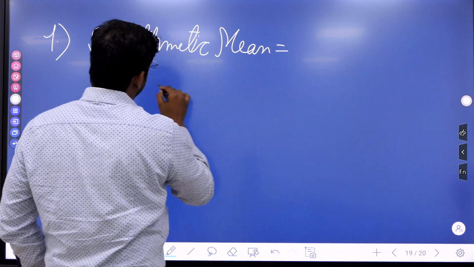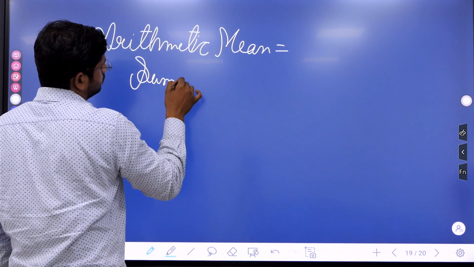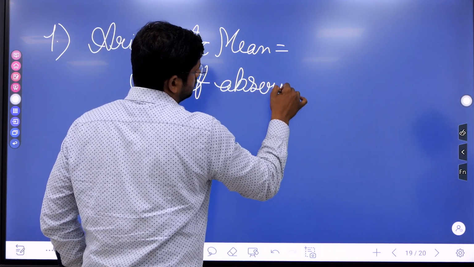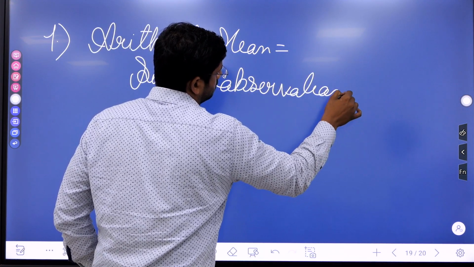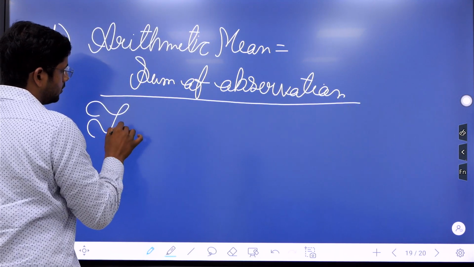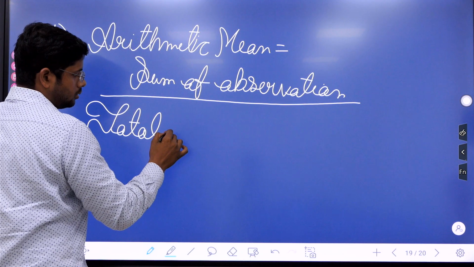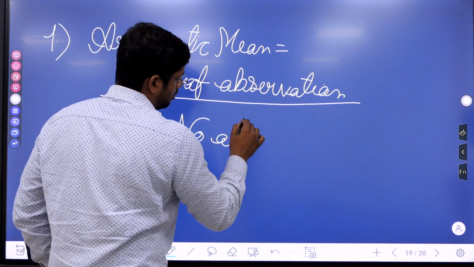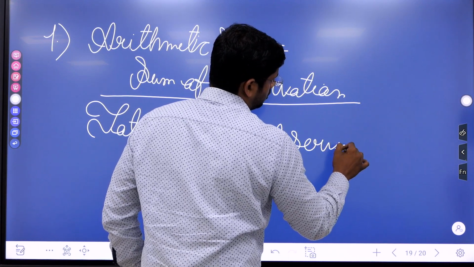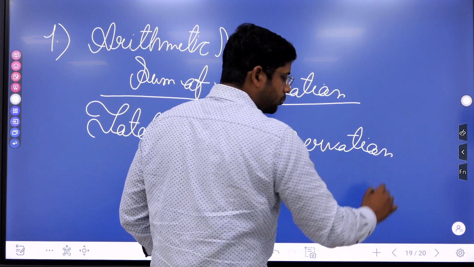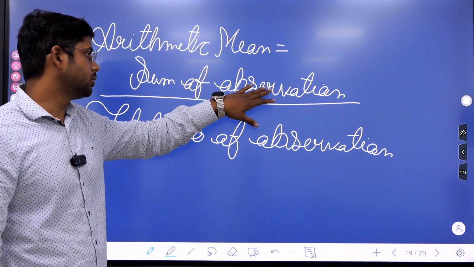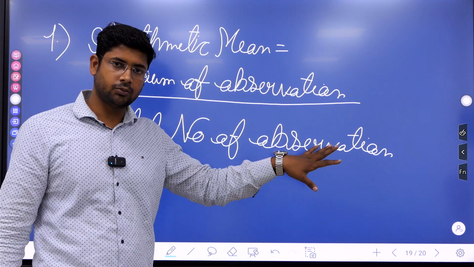Arithmetic mean equals the sum of observations upon the total number of observations. Got my point?